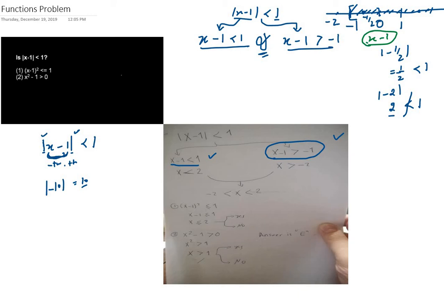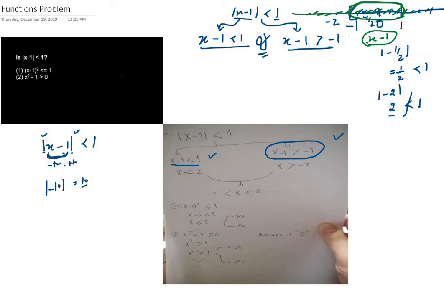So x minus 1 greater than minus 1 we did, and x minus 1 less than 1 goes everything to the left of 1. This is the place where both the conditions are satisfied, so this is where the solution of this equation will lie.